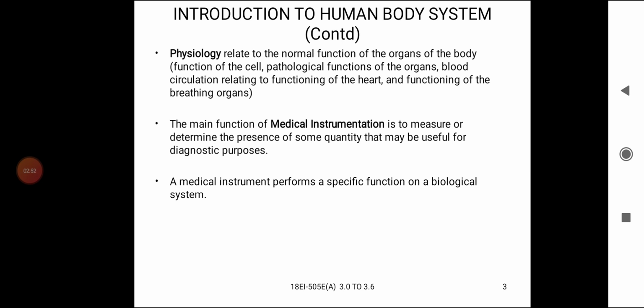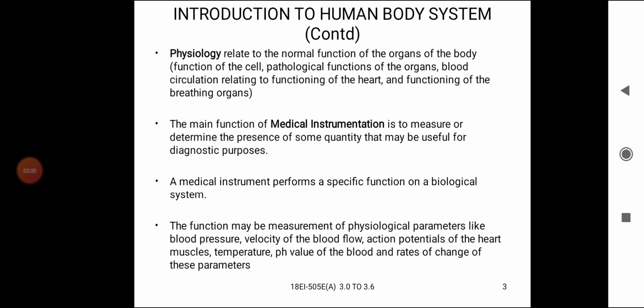A medical instrument performs a specific function on a biological system. The function may be measurement of physiological parameters like blood pressure, velocity of the blood flow, action potentials of the heart muscles, temperature, pH value of the blood, and rates of change of these parameters.